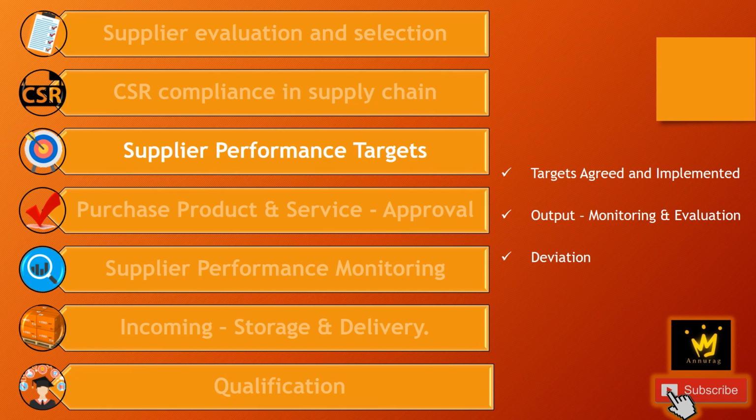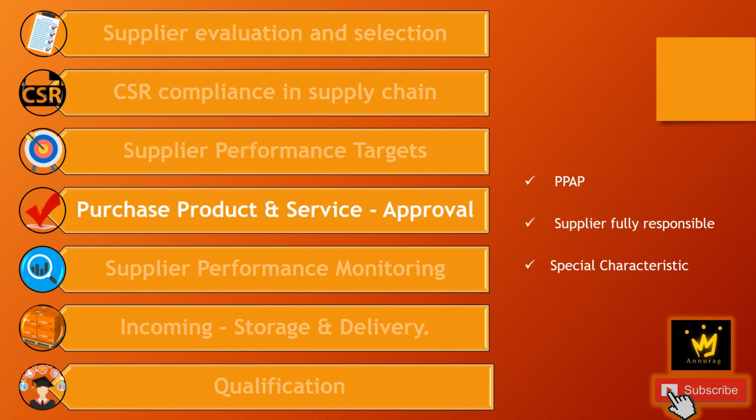You need to check that targets have been agreed upon by the suppliers and are being implemented. There should be proper evaluation and monitoring of the output at defined intervals. And in case of deviation, the actions which are defined should be agreed with the customer, and implementation of those actions should happen as per the deadlines. So these are the things you will check in question number 3.